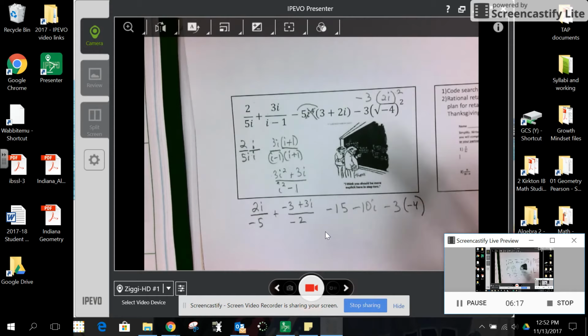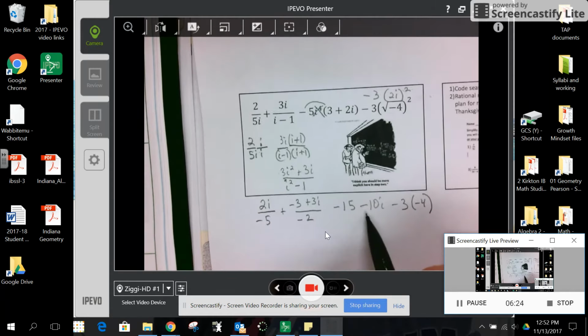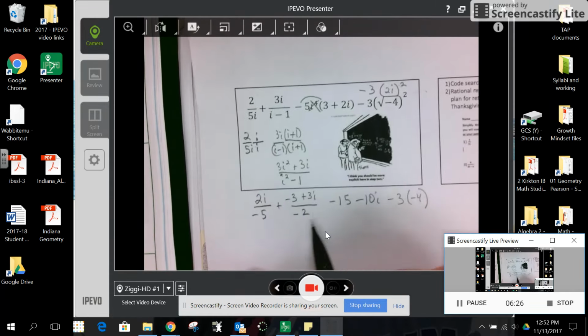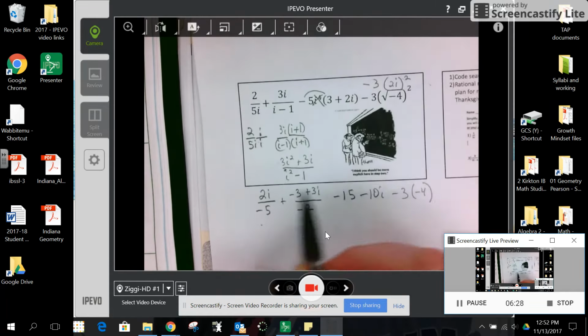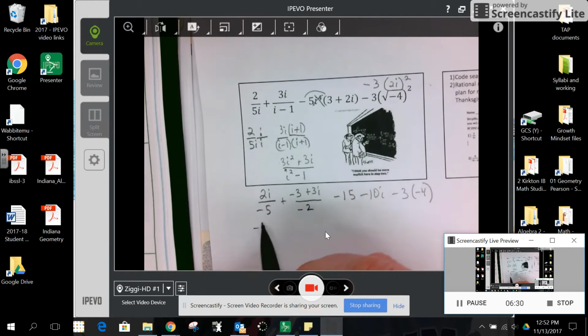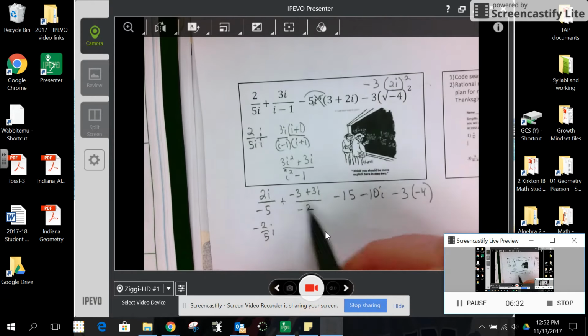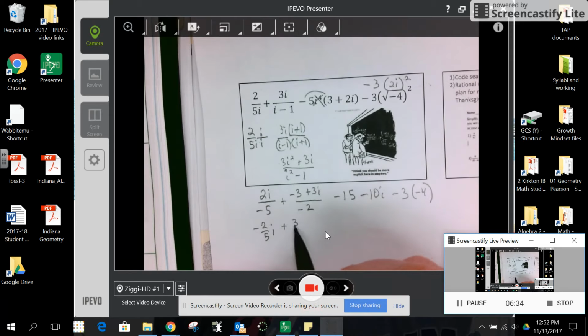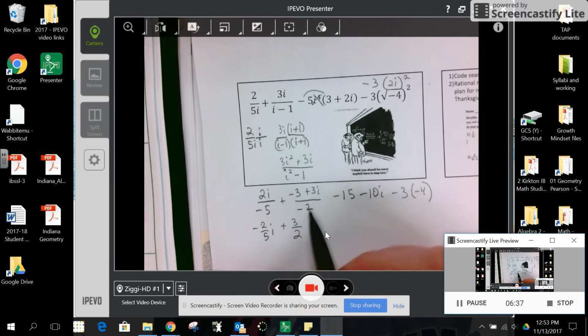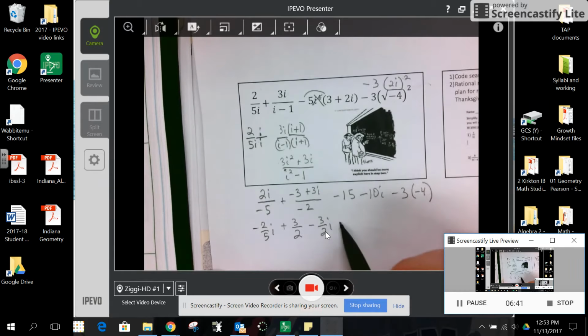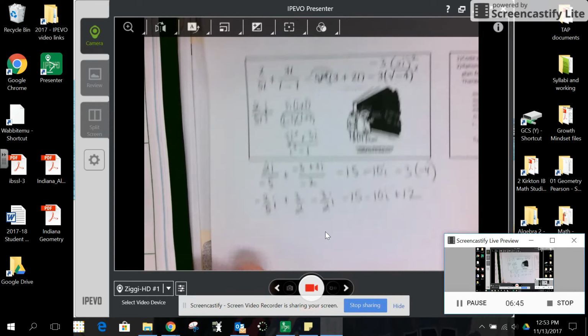So now just double check and make sure you got everything down below here that comes out the way you want it to. Now it's just a matter of simplifying, combining like terms. So I need to split this fraction up. So I have negative 2/5 i plus 3/2, those two negatives will cancel out, minus 3/2 i, minus 15 minus 10i plus 12.